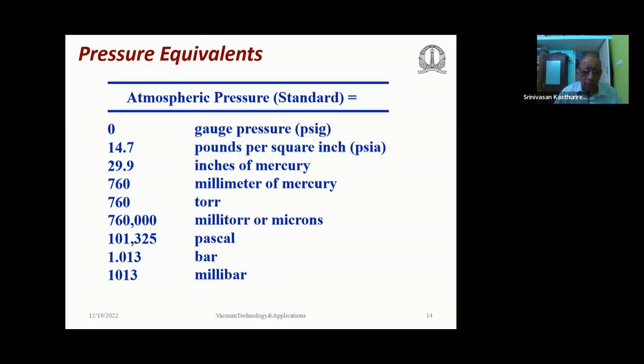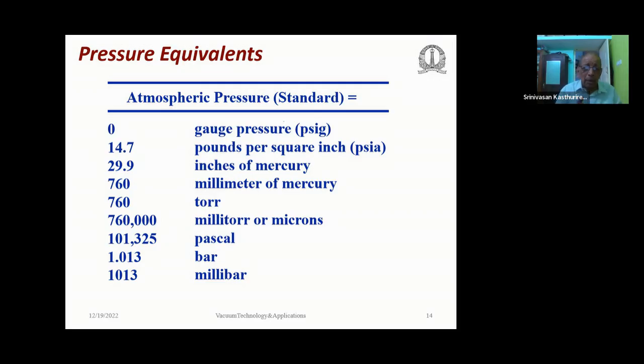And 1 atmospheric pressure is 14.7 psi, pounds per square inch, equivalent of 29.9 inches of mercury, 760 millimeters of mercury or 760 torr, or you can also express in terms of Pascal, 1.01325 into 10 to the power 5 pascals, 1.013 bar, or 1013 millibar. So these are the different units which are used for designating vacuum.